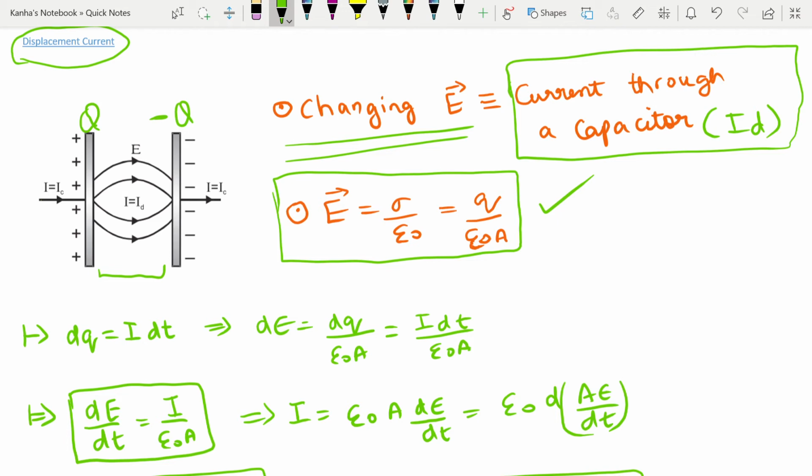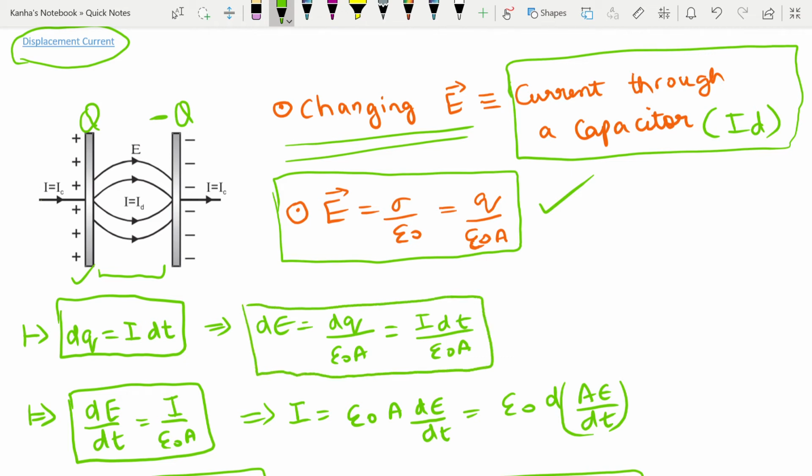If the charge on these plates is increasing by dq in time dt, then dq can be written as I into dt. Now the change in electrical field is given by dE equals dq by epsilon naught A, which is equal to I dt by epsilon naught A.